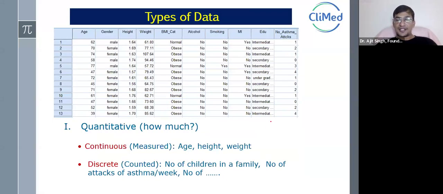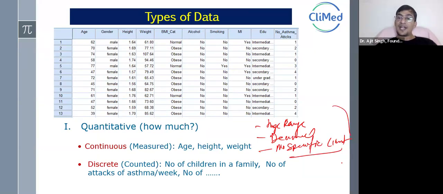Continuous type of data, as I told you, follows a huge range, there is decimal, and there is no specific limit. When we have all these three things, it is continuous. There is another type of quantitative data, that is called discrete data. Discrete data does not follow these three things.